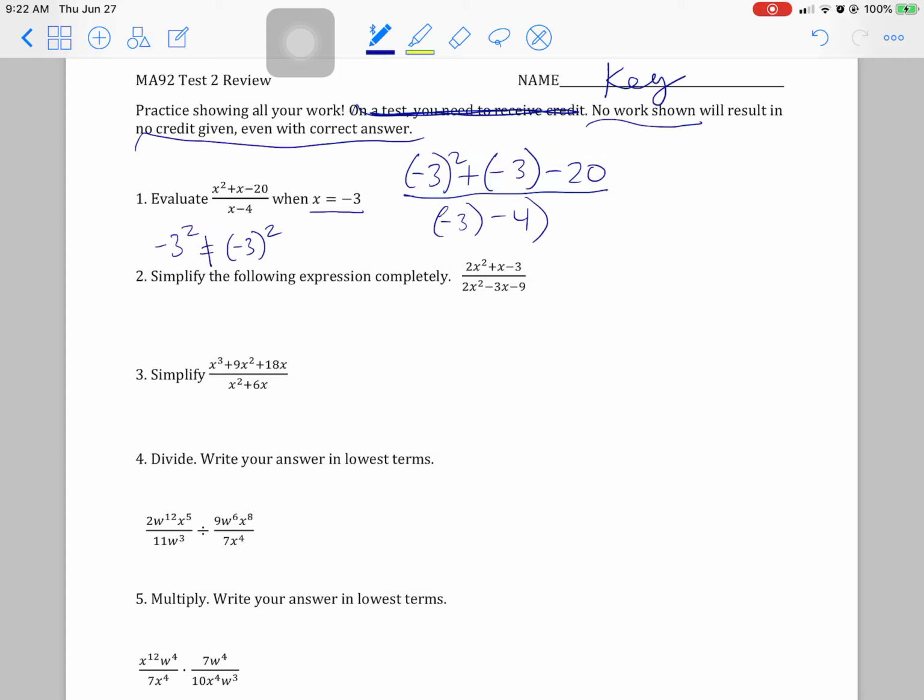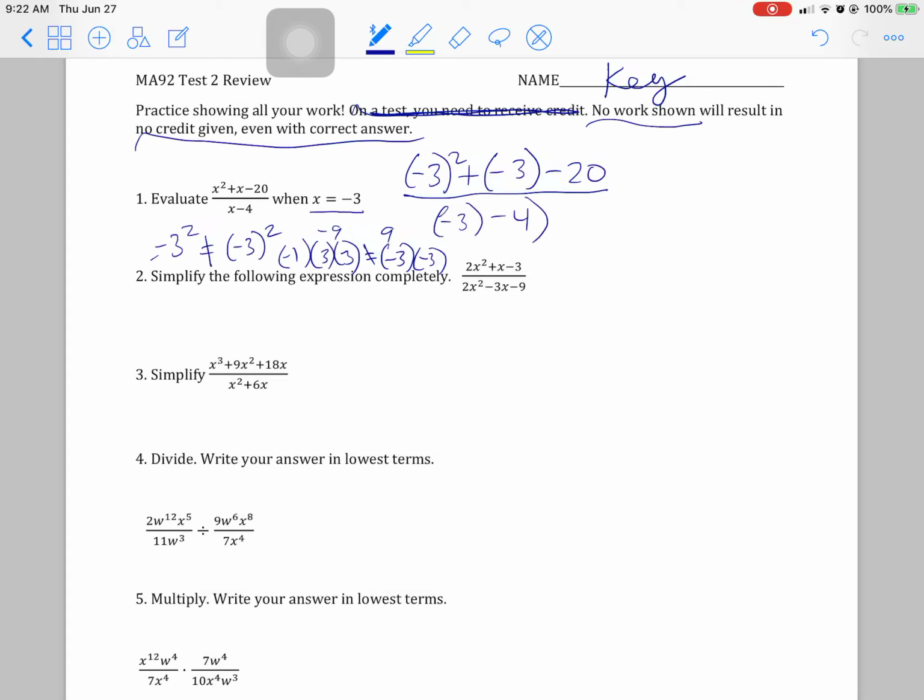It does not. This is -1 times 3 times 3, and the other one is -3 times -3, and this is a -9 and that's a 9, so they're not the same. It's a good habit to use parentheses when substituting.